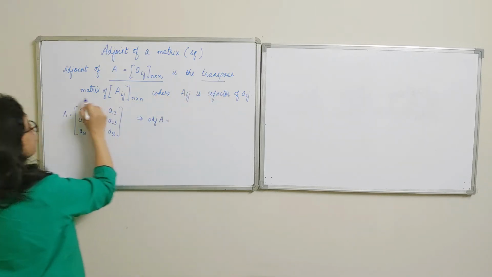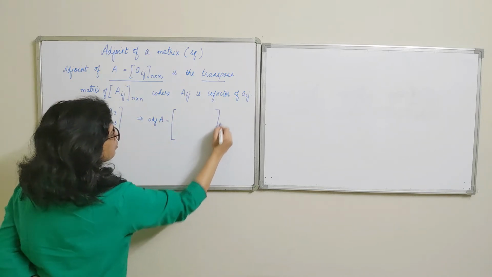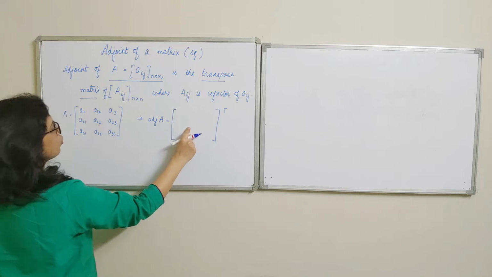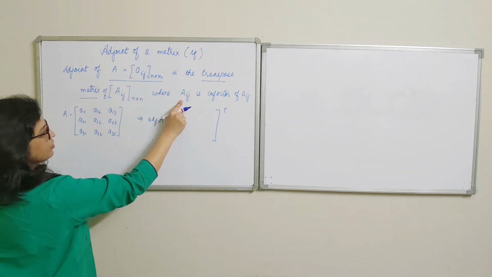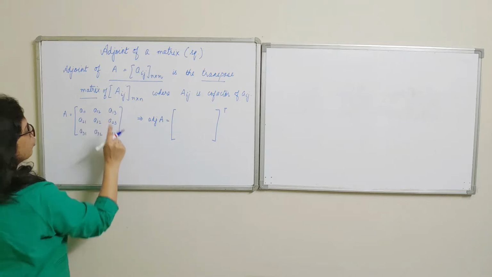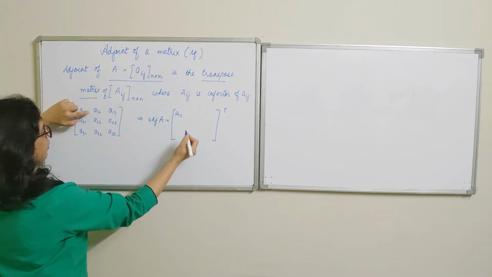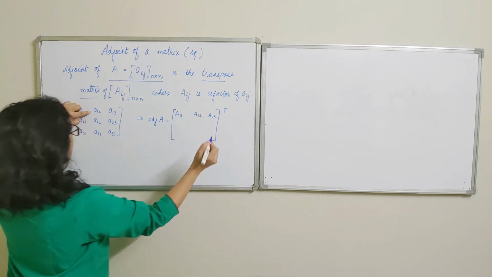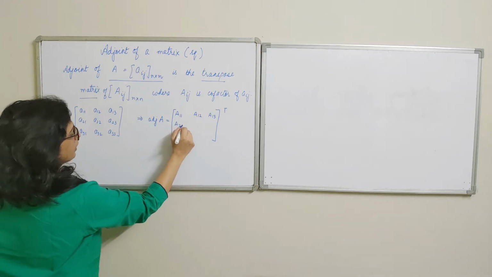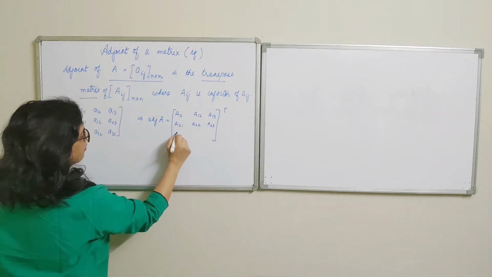This is the transpose matrix. That means this is transpose of some matrix. What is inside this? Aij. What is Aij? The cofactors. Alright. So writing corresponding cofactors, cofactor of this element you know is represented by capital A11. This is capital A12, capital A13, and likewise the cofactors of the other elements.